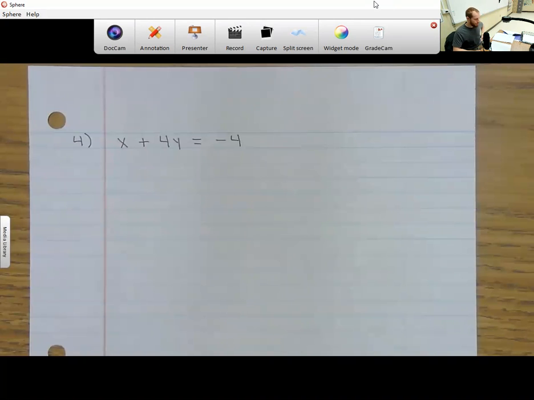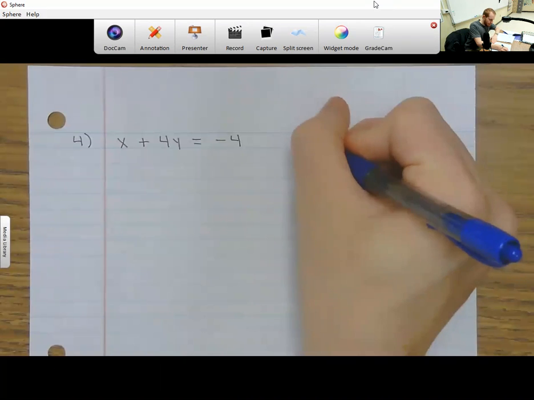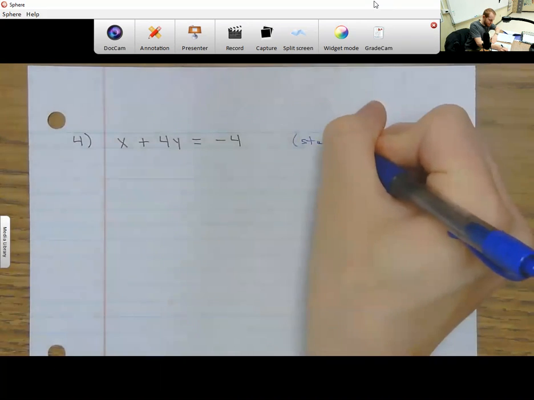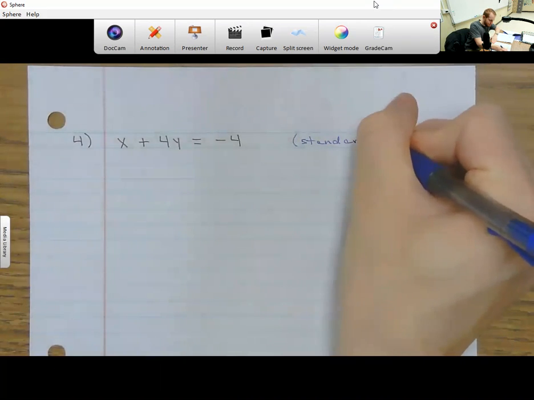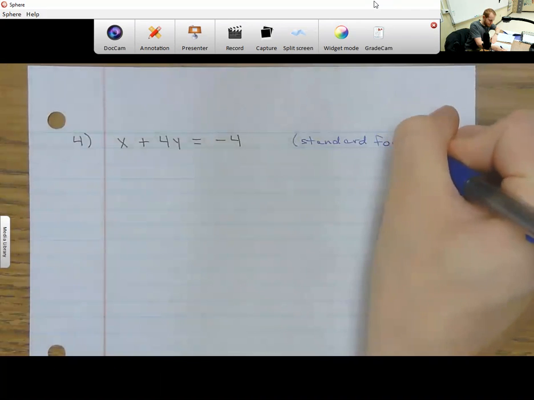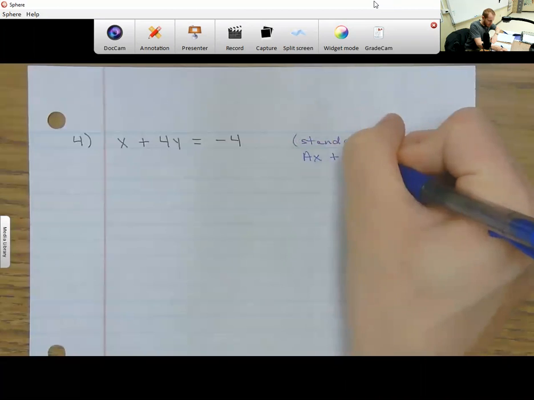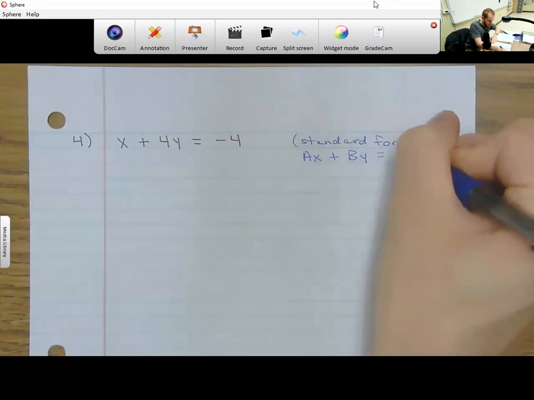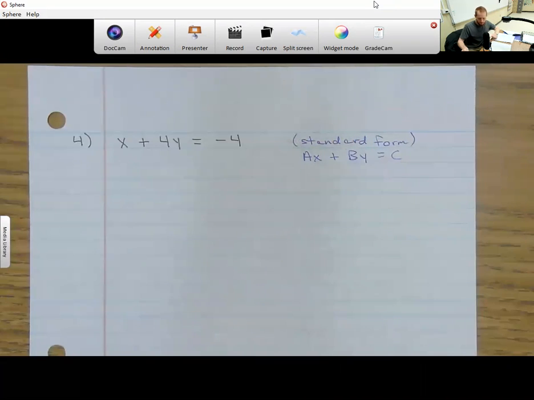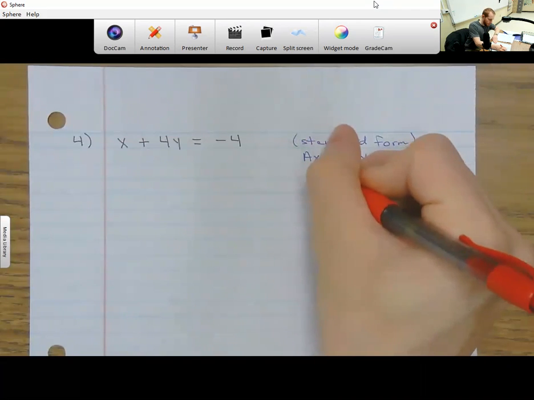Okay? So this is obviously in standard form because x and y are on the same side. So this is already in standard form. Because it's got the form ax plus by equals c. But I want to transform it into slope-intercept form.